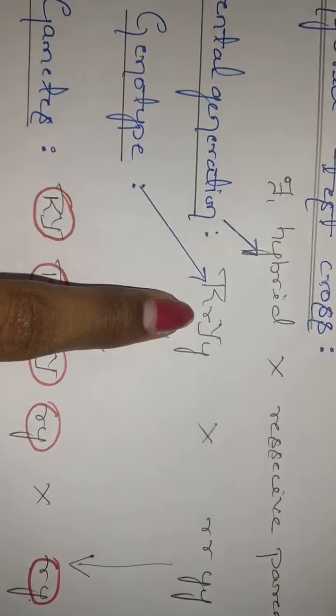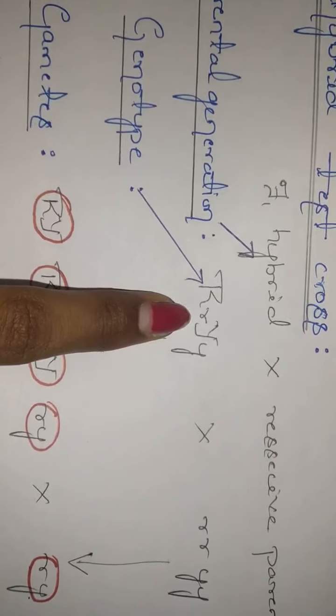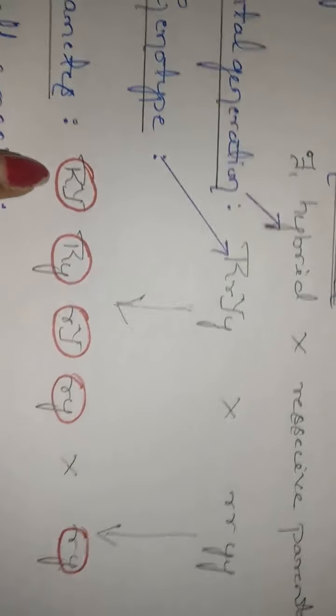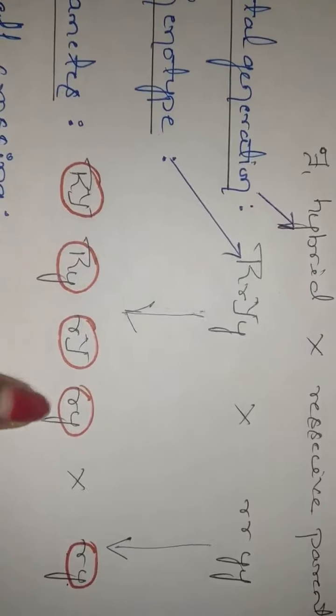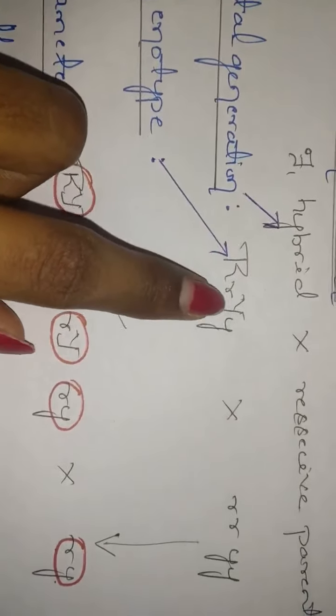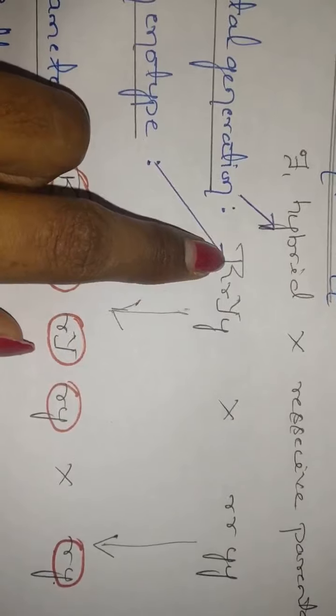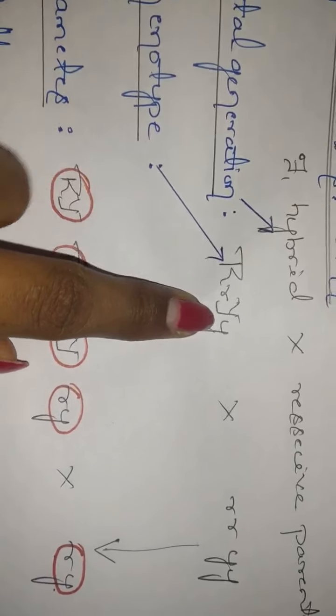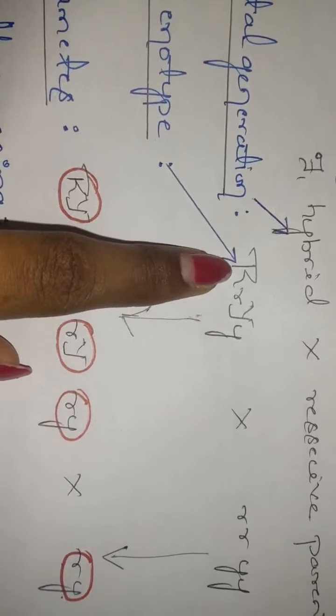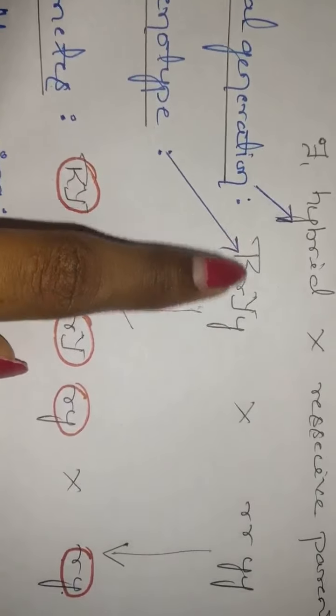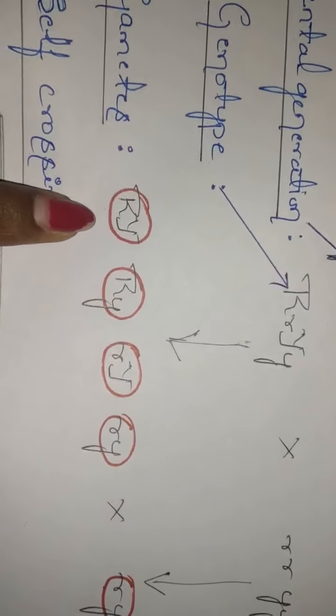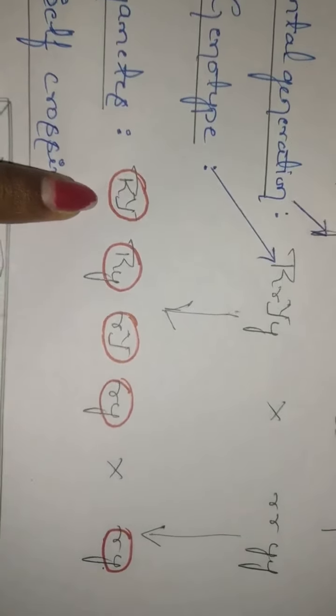We are taking two different characters, so we get gametes with two different characters. We are going to get four gametes: R and Y are different characters, and R is going to mix with Y, so the two characters get mingled to form different gametes.